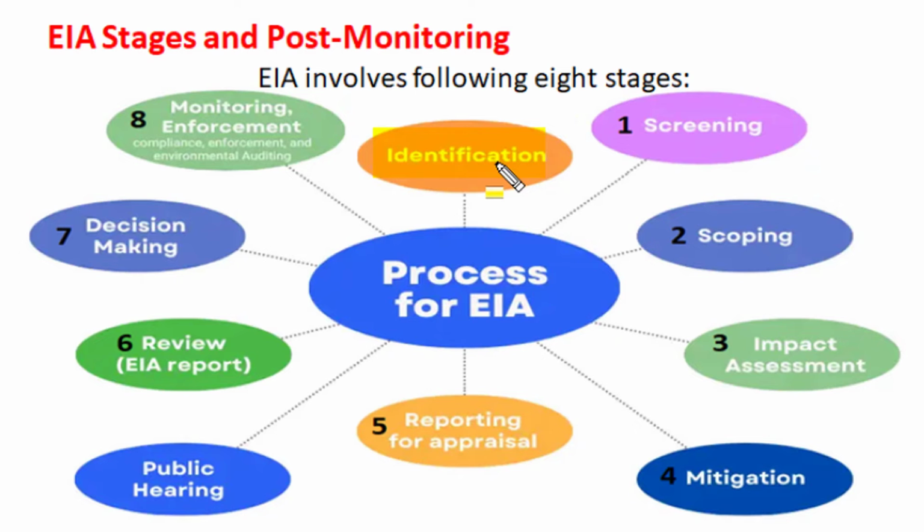So for any identified project, the first stage is screening, and if environment impact assessment of the project is required, then the next steps are scoping, impact assessment, mitigation, report writing.